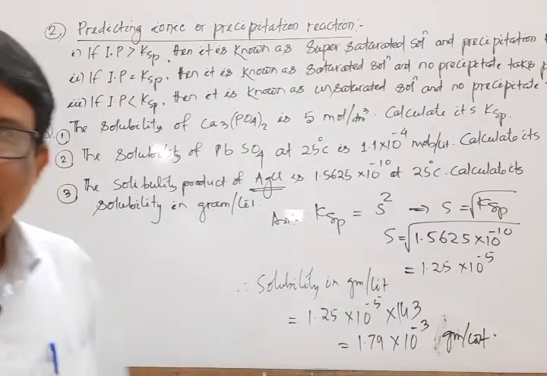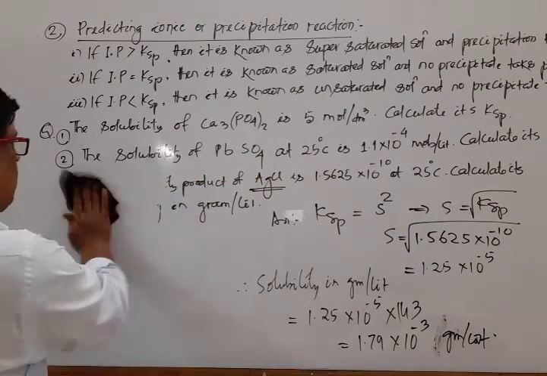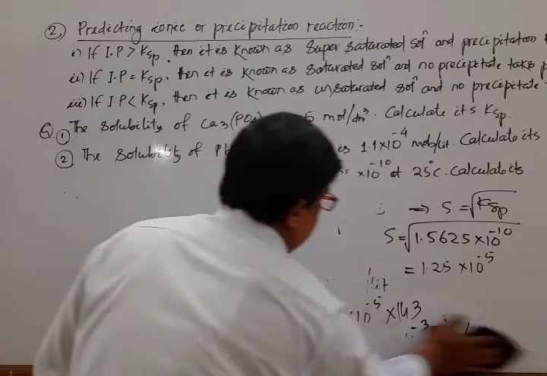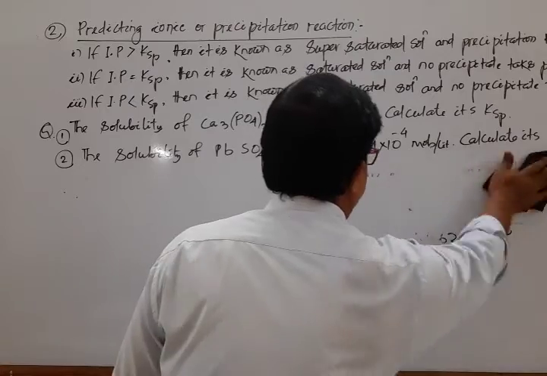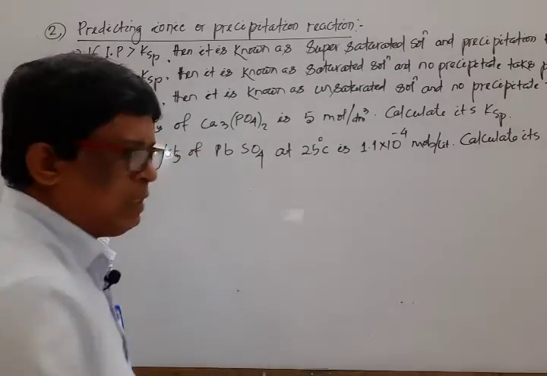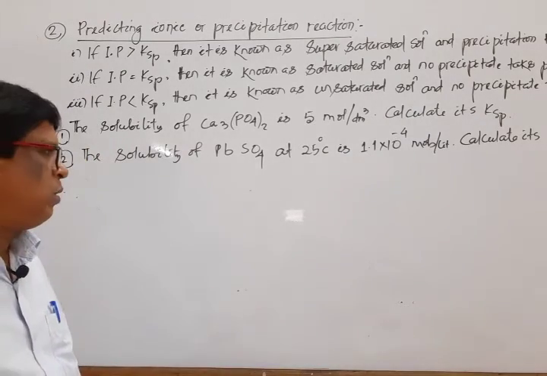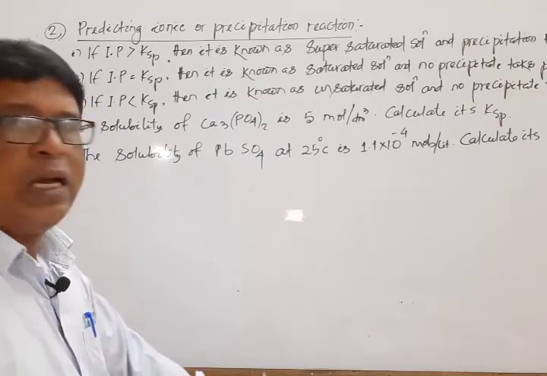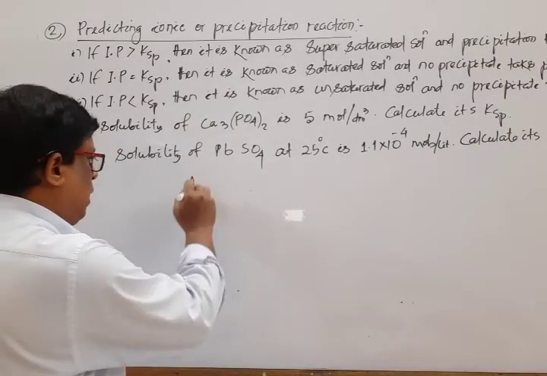That is the first problem. Move to the second problem. Mark that. What is the second problem? The solubility of silver sulfate at 25 degrees centigrade is given. Silver sulfate is of the type A1B1. So solubility is given, and we have to calculate the solubility product. Mark that answer.